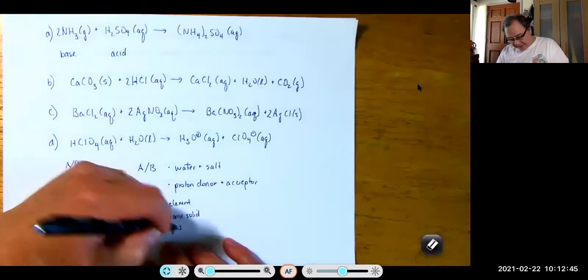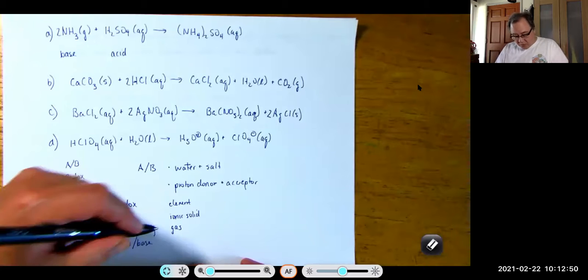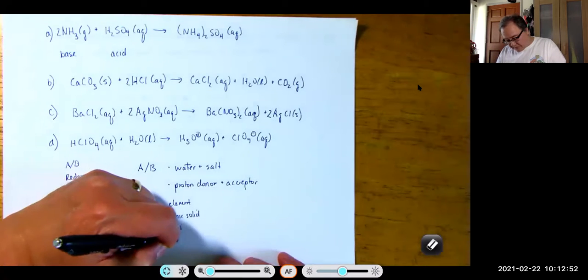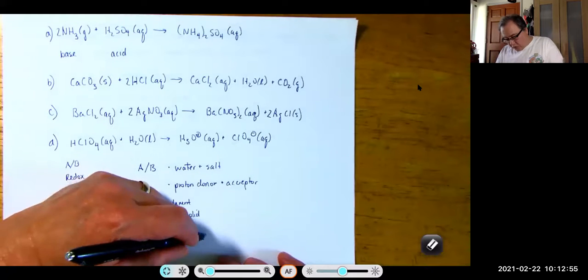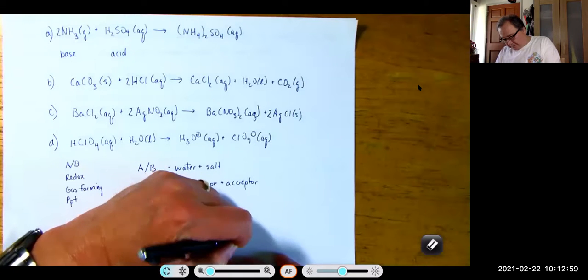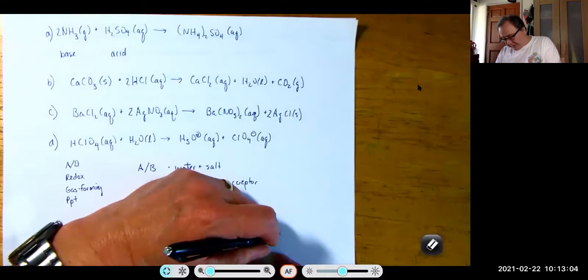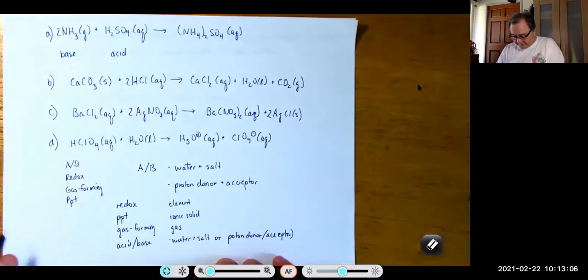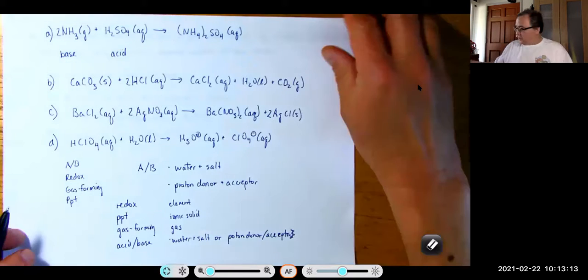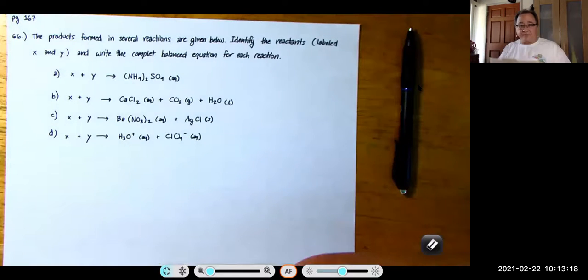And then acid base, we have water and a salt, or a proton donor and a proton acceptor. And of course, they will be different things. Okay, so that would be 66.